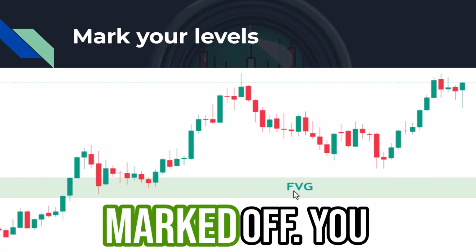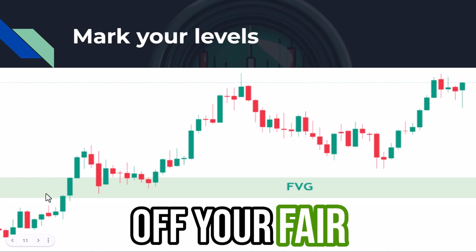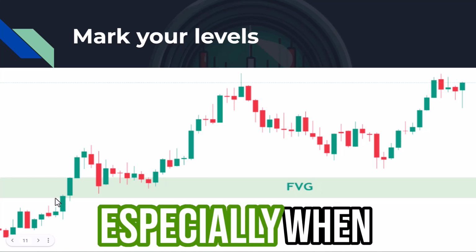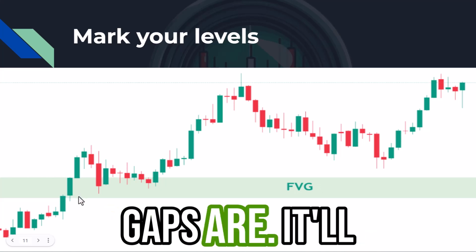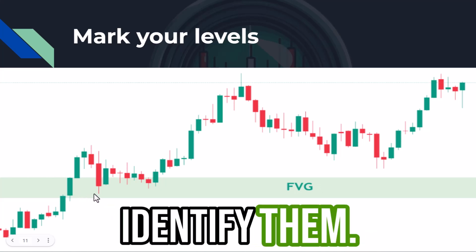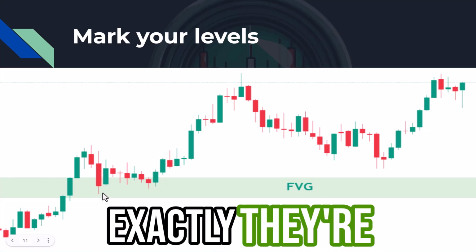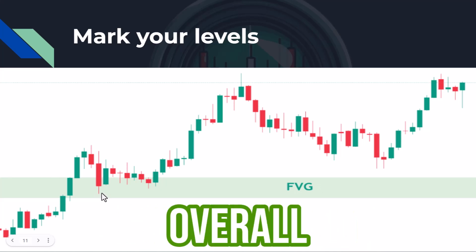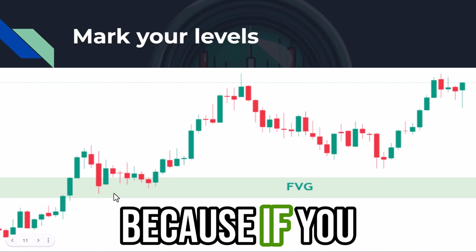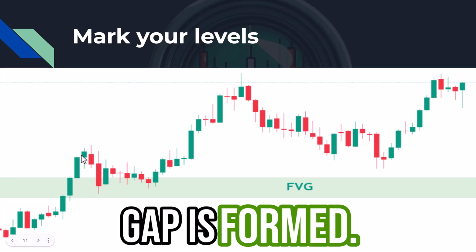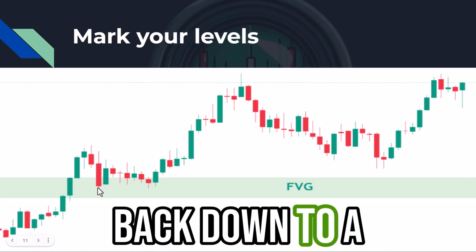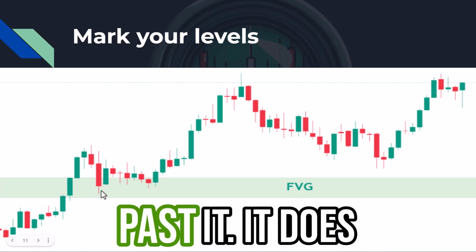We have these marked off. You want to mark off your fair value gaps because it'll help you, especially when you're first learning what fair value gaps are. It'll help you identify them so that you know where exactly they're occurring and where the overall market is going. Because if you see, for example, right here, this fair value gap is formed, the market comes back down to retest, and it is not able to push past it.